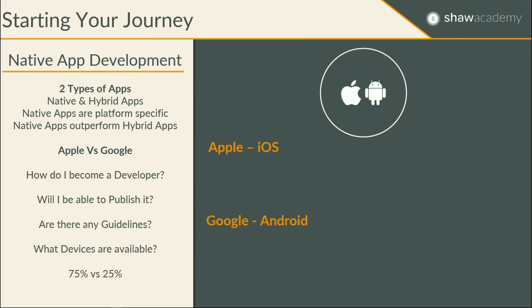And then 75% versus 25%. That's 75% of the market share with Android versus 25% with Apple. So how do I become a developer? Well, as I've said, you need a Mac for iOS, you need to download Xcode, and a developer license costs $99 per year, while with Android it only costs $25 once to get your developer license.